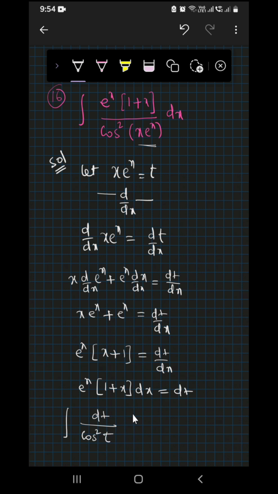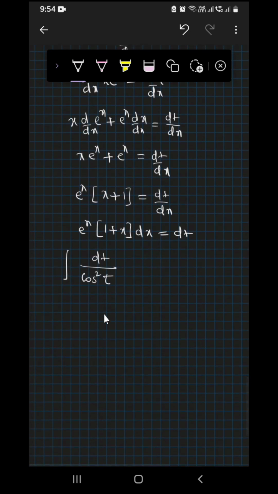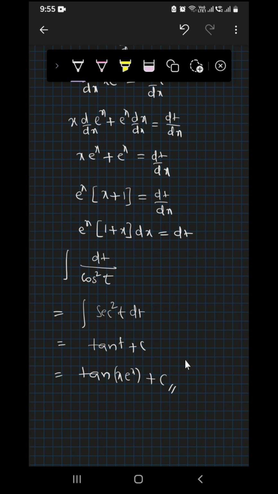So here integration of 1 by cos square t is secant square t dt. Now integration of secant square is tan t plus c. Now tan of t is tan of x into e power x. That's why tan of x e power x plus c is the answer for the given question.